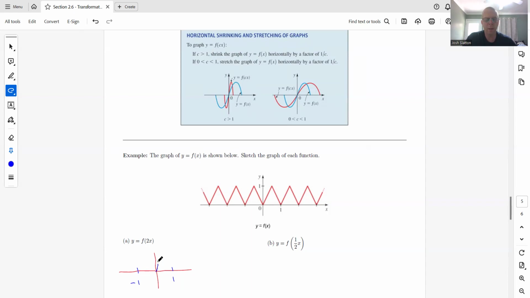Basically we will have 2 of these over the space of 1 unit as opposed to 1. So it's going to horizontally shrink it. Then this one, 1/2 x, is going to take 2 units to go one of these cycles. So it's going to horizontally stretch it out. It doesn't get taller, it just horizontally stretches it out.